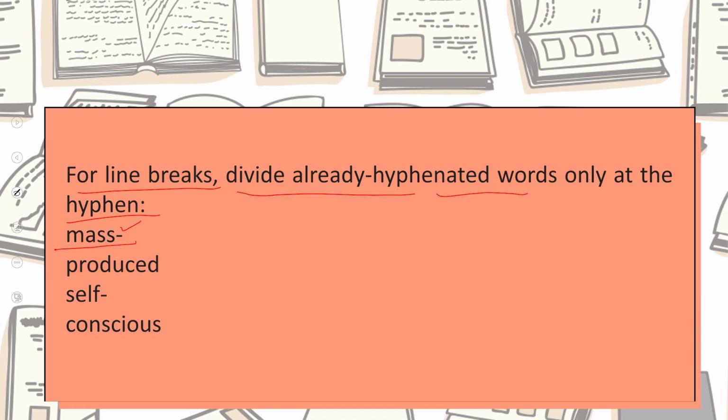It should always go at the end of the line where your word ends. For example, let's say the word is mass-produced, but the line ends here. There's not enough space. You will put your hyphen and then go to the next line. Self-conscious, mass-produced. These are two words for our examples.